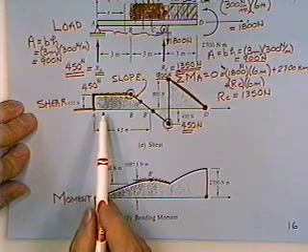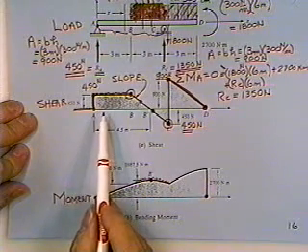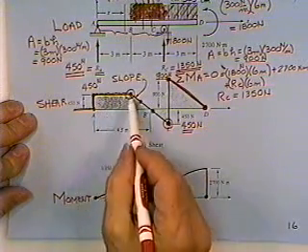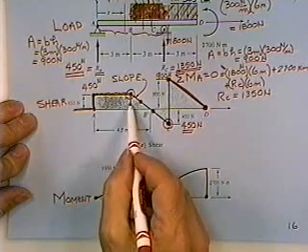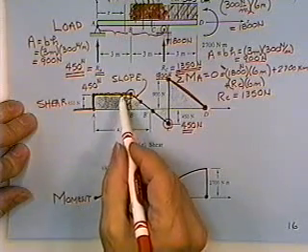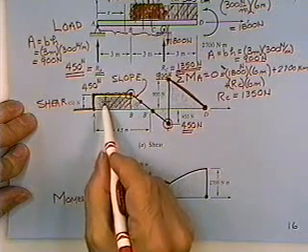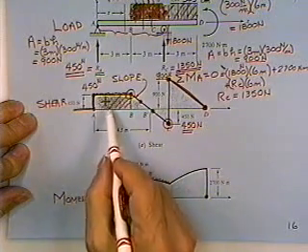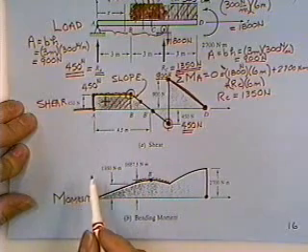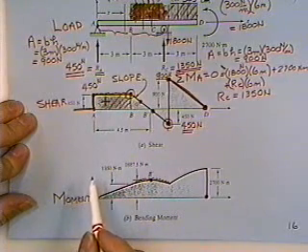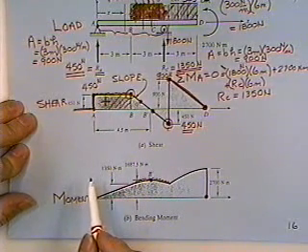In the shear diagram, we don't really have any little arrows telling us which way to go. So I'll just have to say that this area right here between A and B is a positive area. And the reason is because it's above the line. That area will push the diagram up.